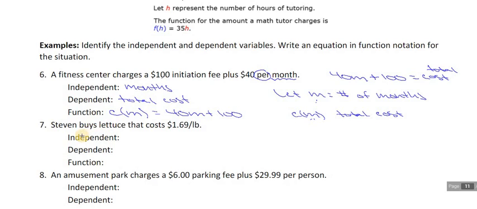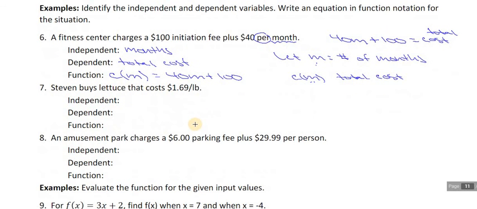Number 7, Stephen buys lettuce that costs $1.69 per pound. So the number of pounds that is purchased will be our independent variable, and that will determine how much we're spending on lettuce. Okay, so our dependent is going to be total cost, which relies on our independent variable, pounds.